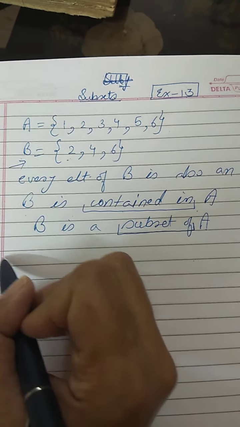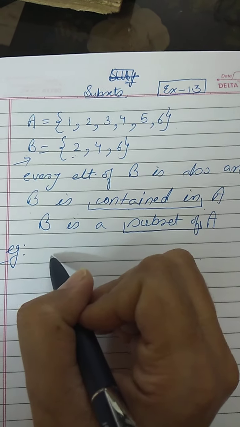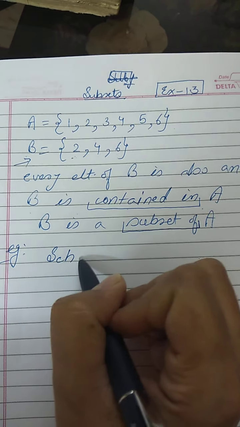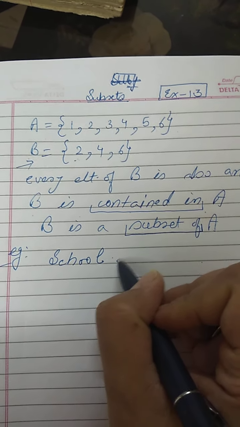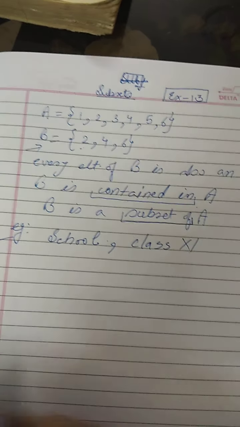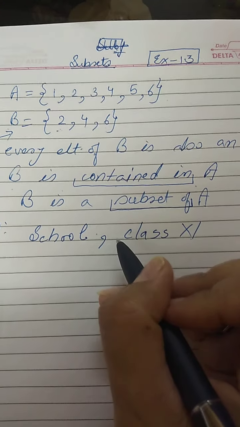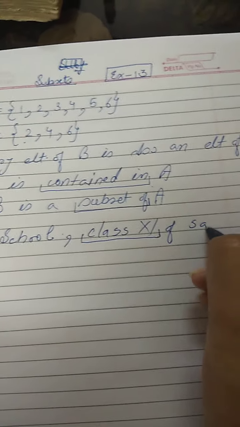Now, if I take one more example here, like we have our school, and we have the class 11th also, right? And this class 11 is of the same school.